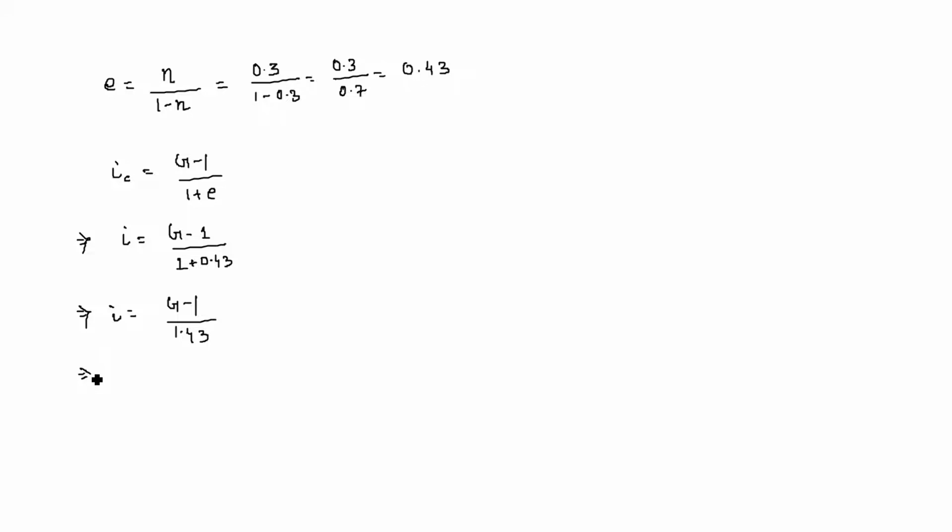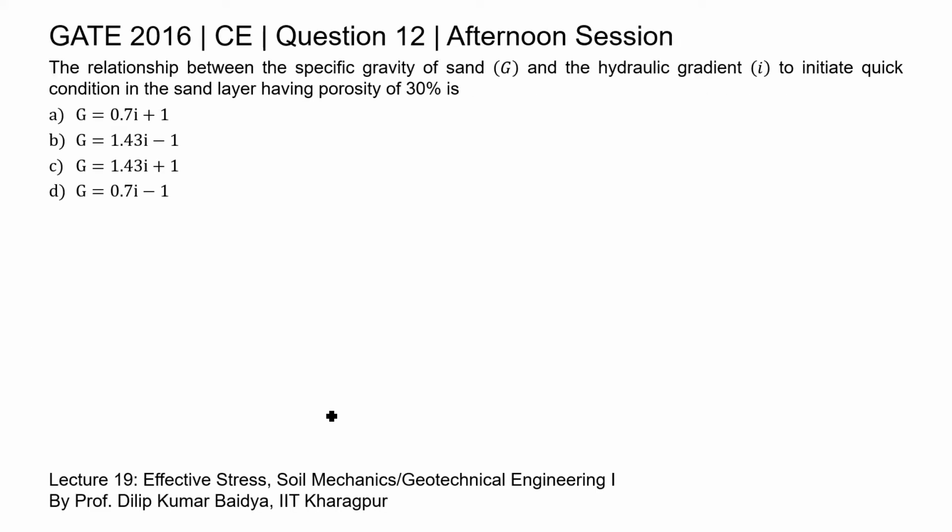This equation can be written as 1.43 i is equal to G minus 1. So, if we rearrange this equation, we can write G is equal to 1.43 i plus 1.